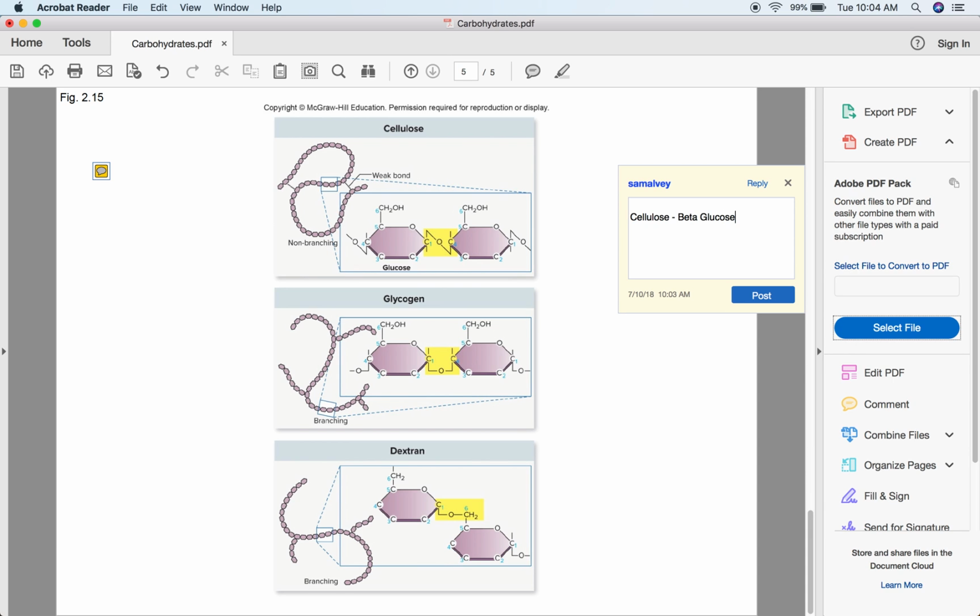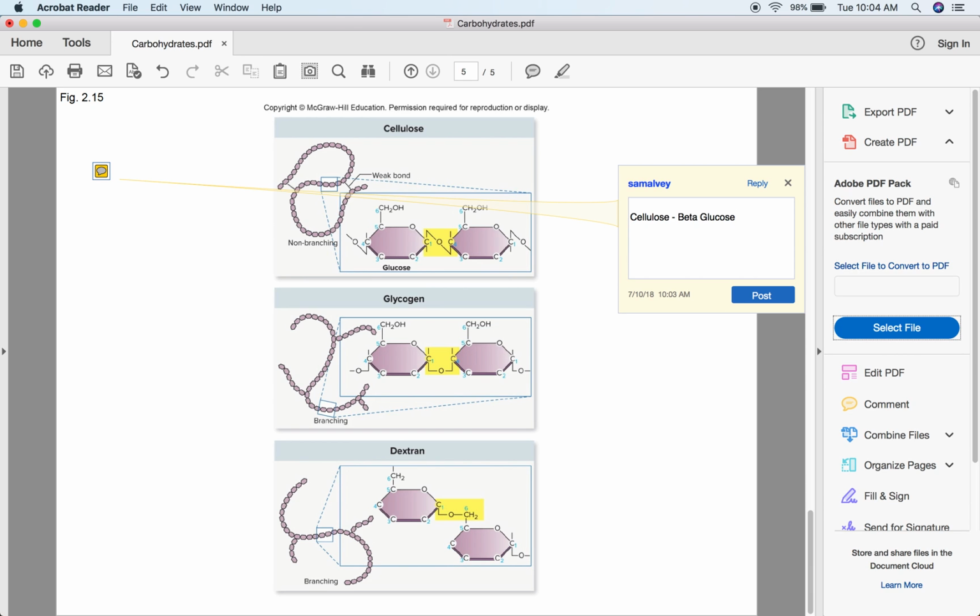So that hydroxyl group at the 1 position is up, causing the orientation of the bond to be drawn in this manner. So it's still a 1,4 glycosidic bond, but it is a beta 1,4 bond. Now let's look at glycogen.